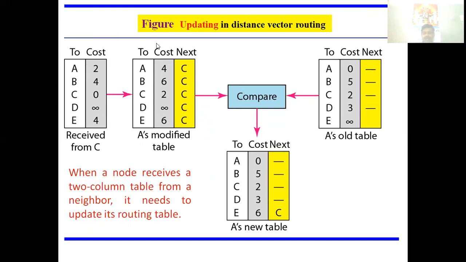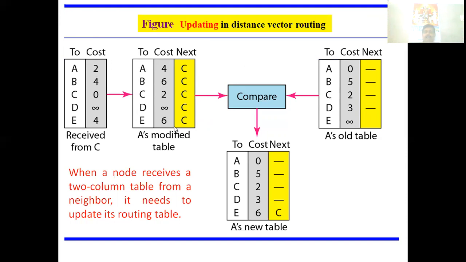Here A is receiving the routing table from C, and the distance between A and C is 2, so 2 is added to all these values. You get 2 plus 2, 4, 4 plus 2, 6, 0 plus 2, 2, infinity plus 2 is infinity, 4 plus 2, 6.